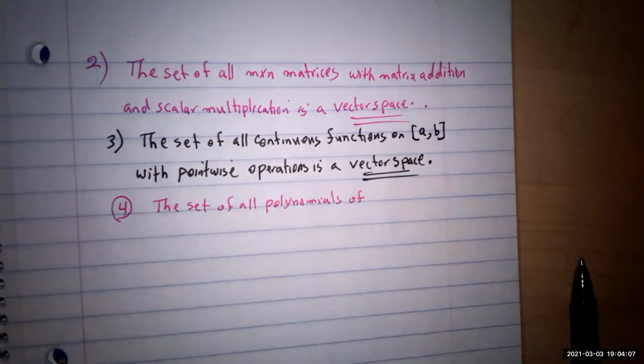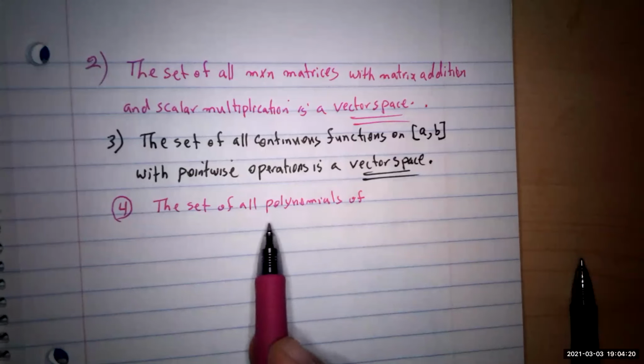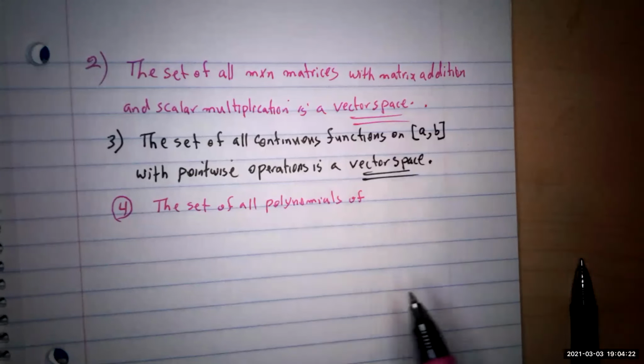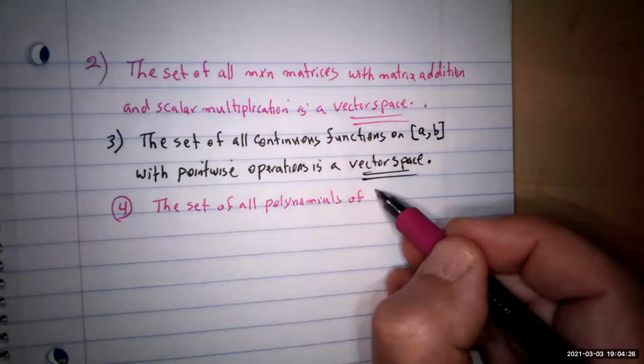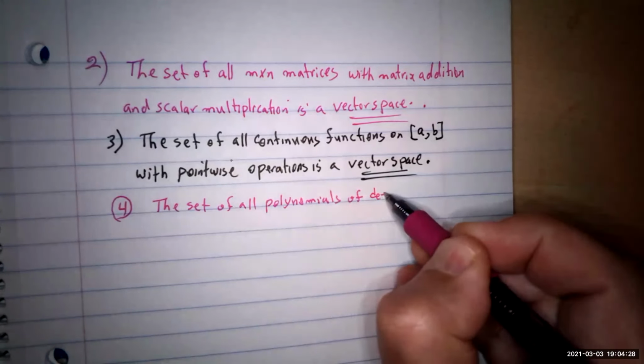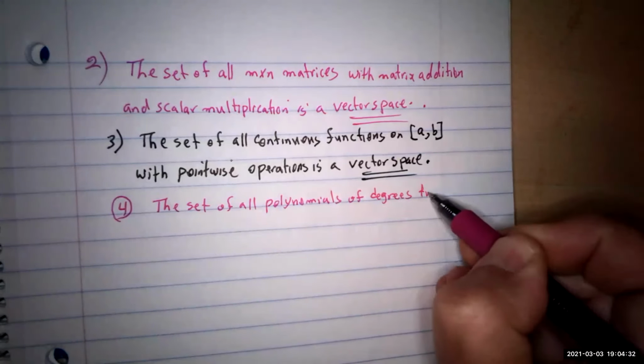We are going to consider the set of polynomials with degrees at most 2, the set of all polynomials of degrees 2 or less.